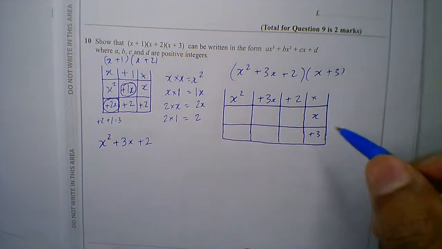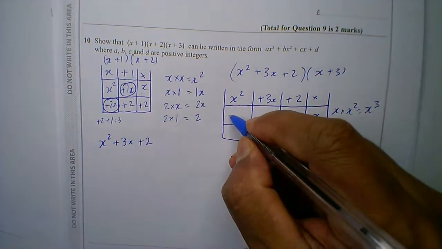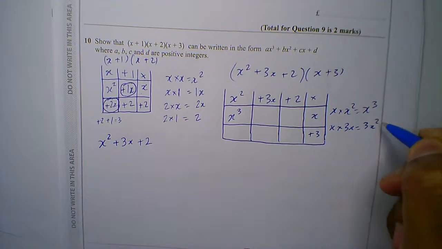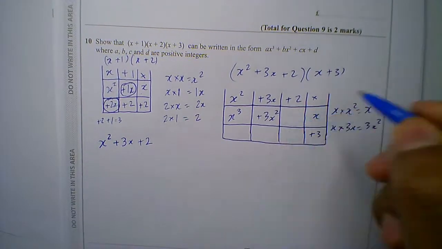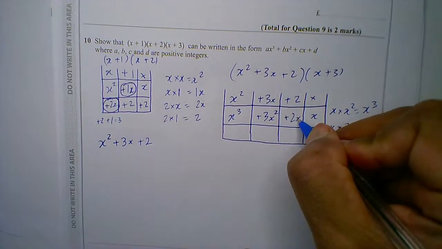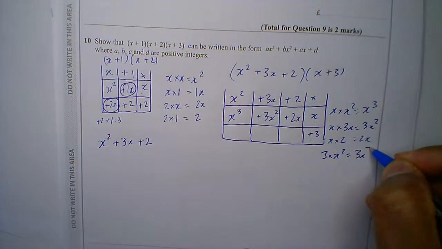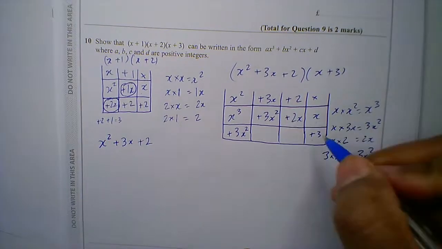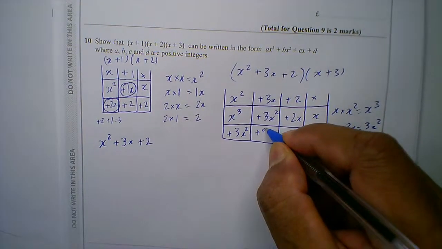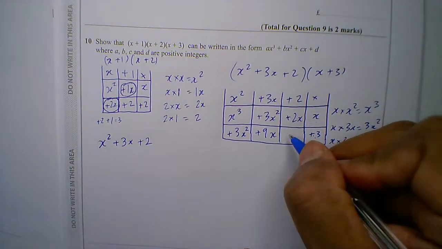Okay, and the same thing again, I expand this, so x times x squared gives me x cubed, x times 3x gives me 3x squared, plus 3x squared, x times 2 equals 2x, so it's plus 2x, 3 times x squared, 3x squared, plus 3 times 3x there gives me 9x, plus 9x, and 3 times 2 gives me 6, plus 6.